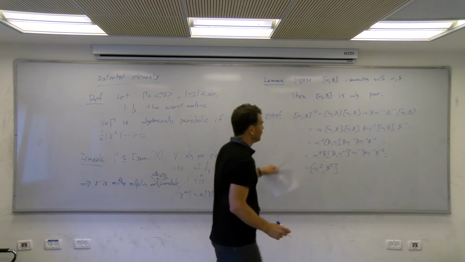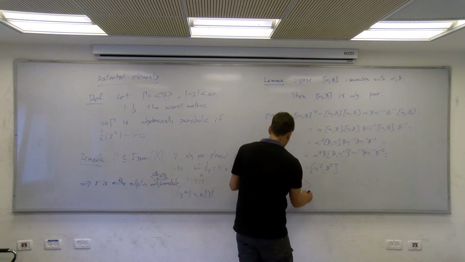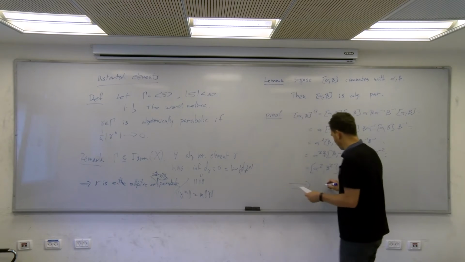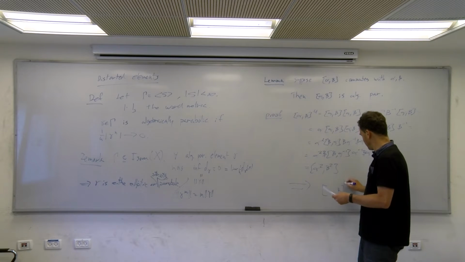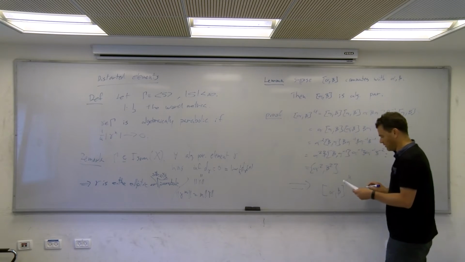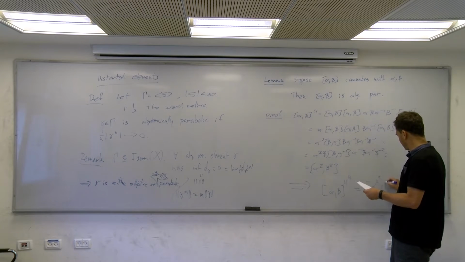Okay, I leave it to you to verify it. But this implies, by a recursive step, that alpha beta to the 4 to the n is like alpha to the 2 to the n beta to the 2 to the n.